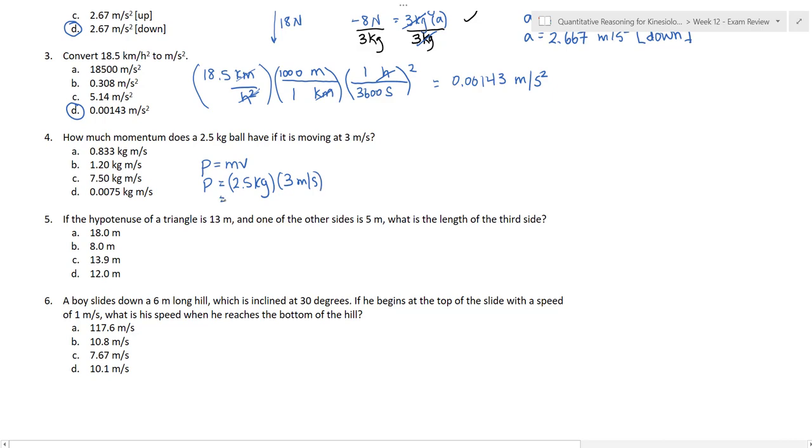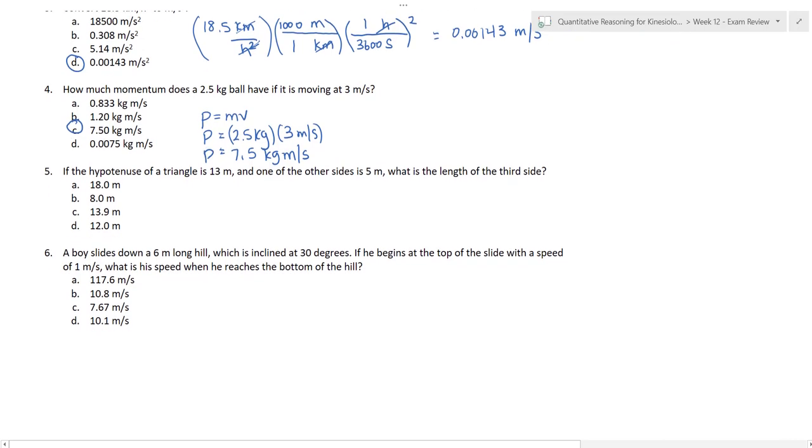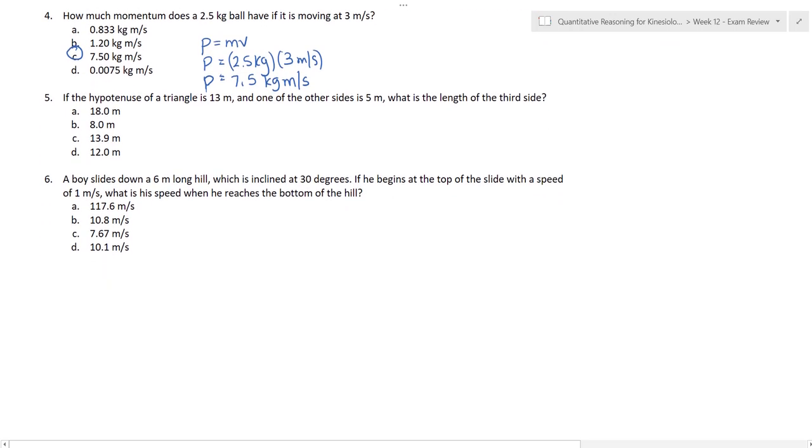When we multiply those, 2.5 times 3, we get 7.5 kilogram meters per second. All right, so then that would be C.